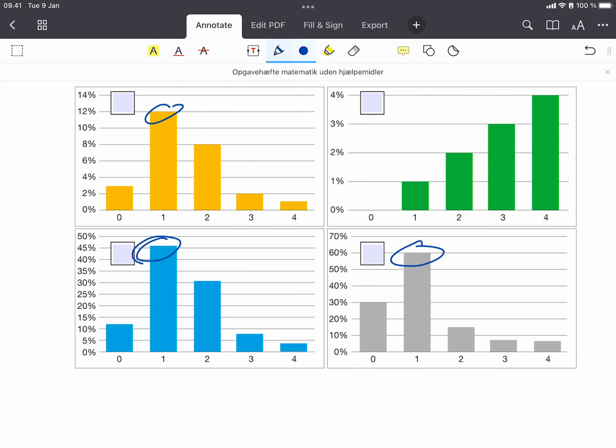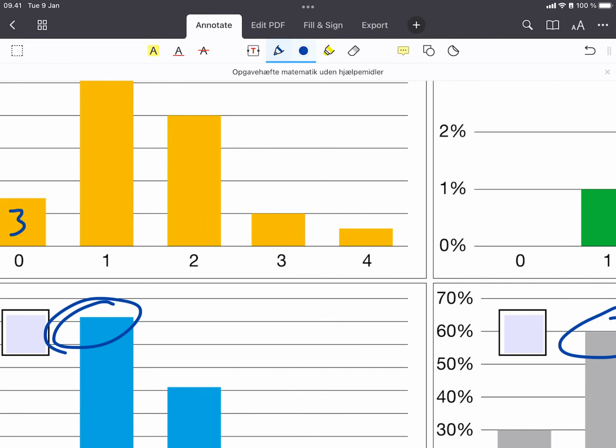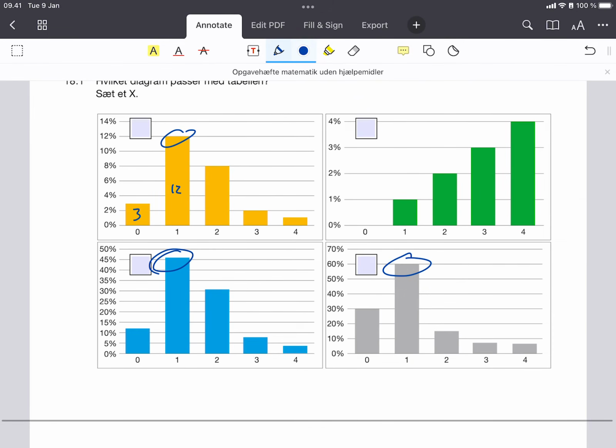Or another thing you can do is just add up these percentages. So you've got 3% there, 12% there, 8% there, 2% there, 1% there. That should add up to 100, but clearly doesn't.